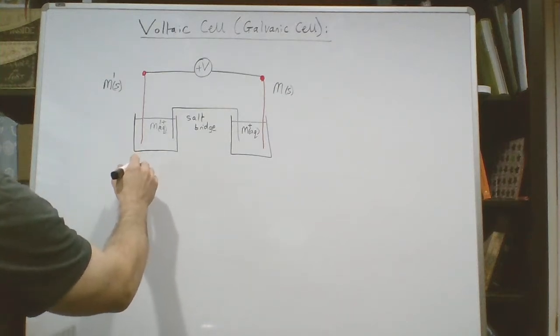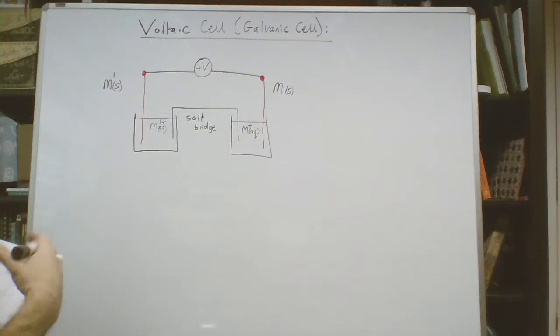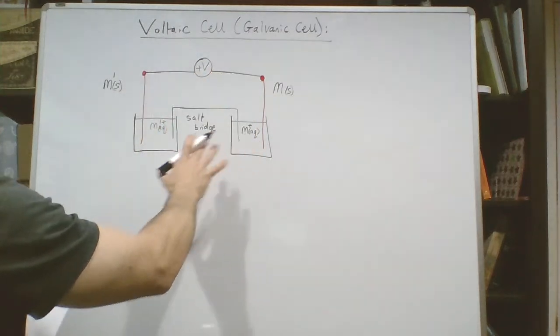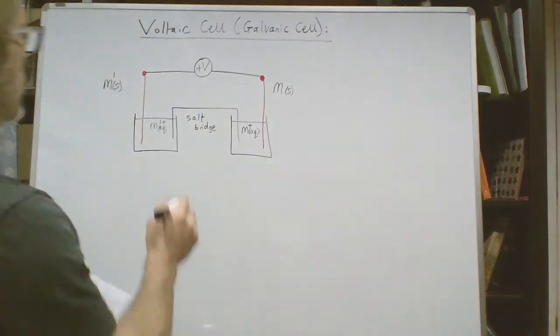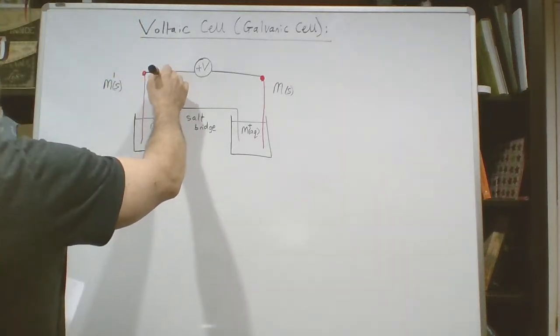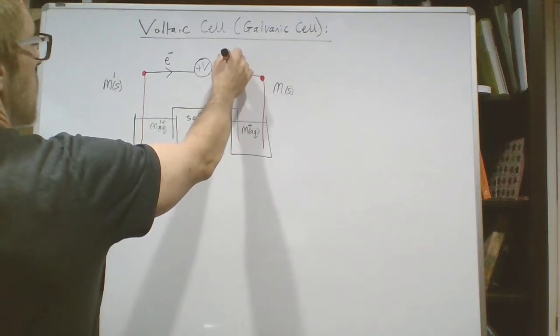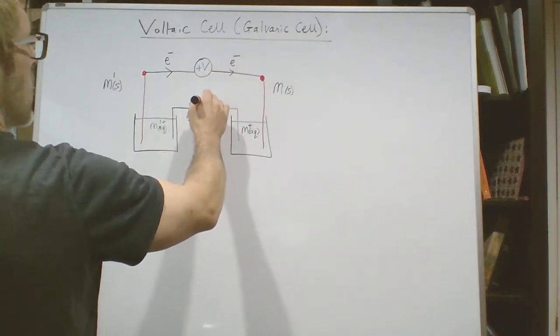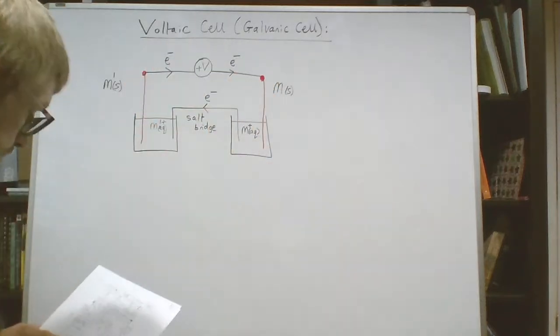And first of all, we're going to look at the flow of electrons. So the way I've designed this cell, and this is the way I would encourage you to learn how to draw it, we've got a clockwise flow of electrons.